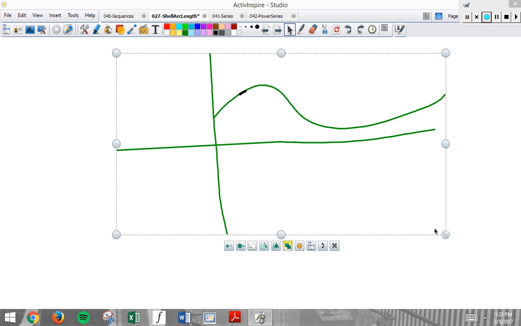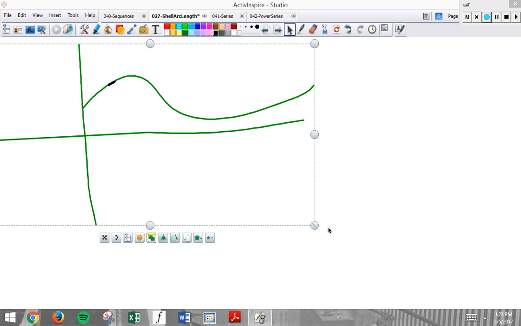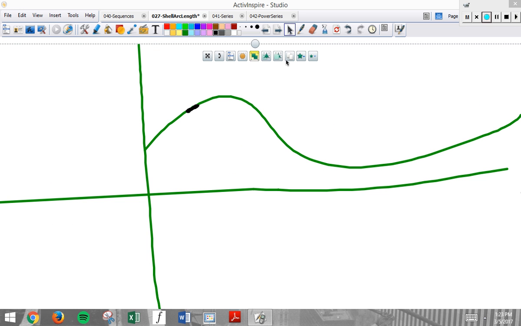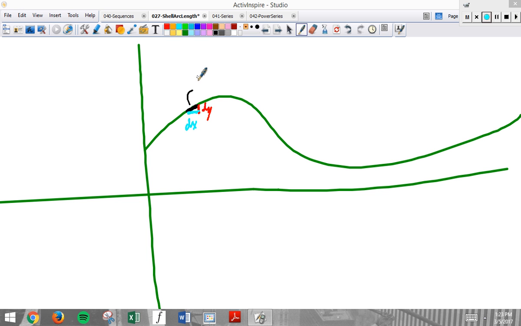So if I blow this up even more, the idea is that this piece can be broken down into a triangle if it really is linear locally. And this is a tiny change in x. This is a tiny change in y. So the black side, by Pythagorean theorem, would be the tiny change in x squared plus the tiny change in y squared.